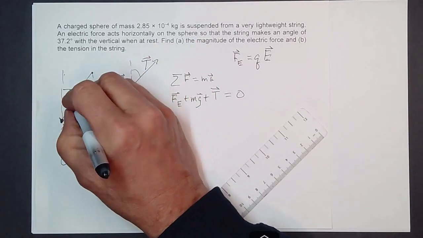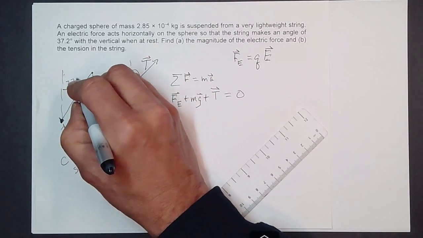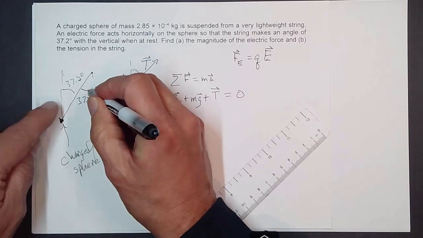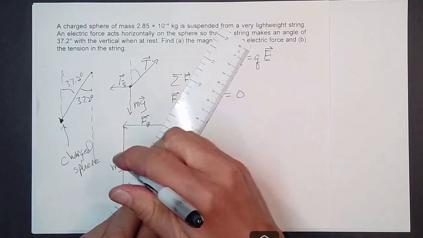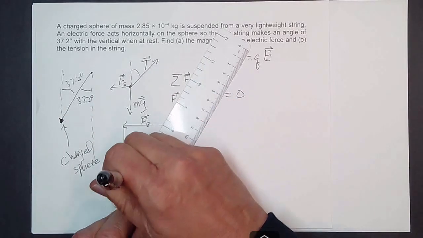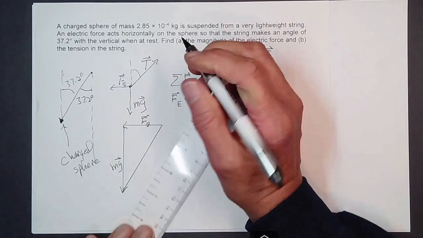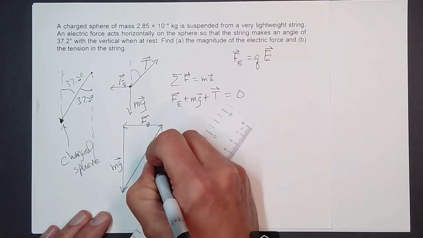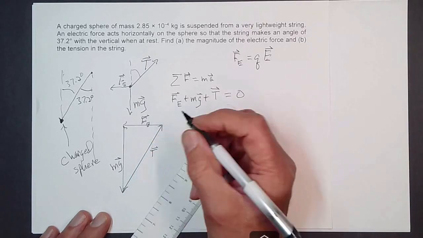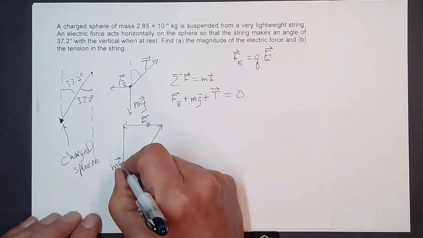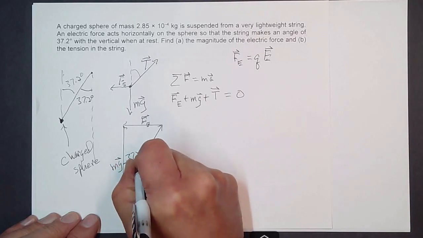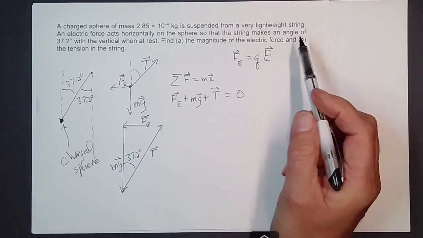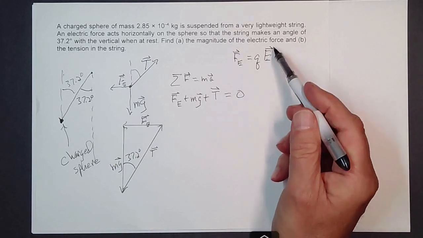And this is also 37.2 degrees. Alternate interior angles, I think. And so there's the tension. Okay, and here is 37.2 degrees.